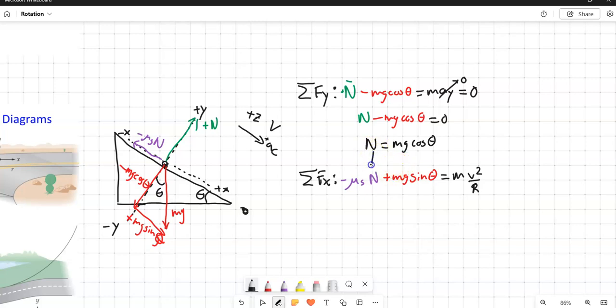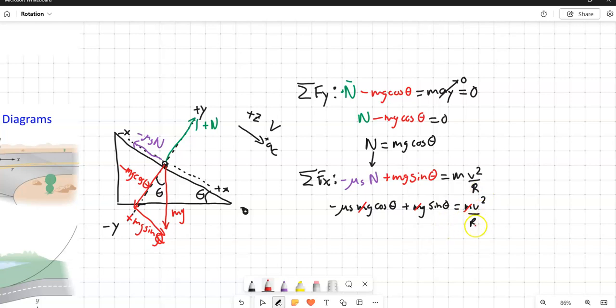We could take this normal force and plug it into here, in which case we'll get mu sub s mg cosine of theta plus mg sine of theta equals mv squared divided by r. As you can see, the little m's are going to cancel out.